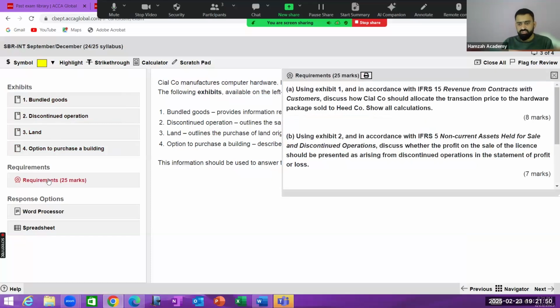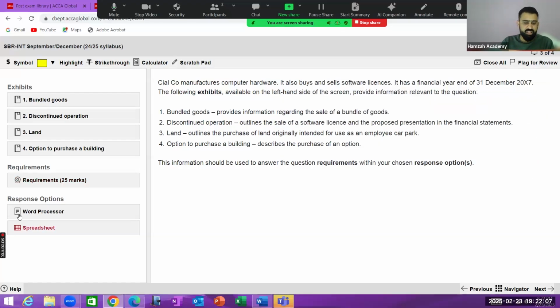And you have the requirements. In this, again, each requirement will be relating to a specific exhibit, like using exhibit 1, like using exhibit 2. So every exhibit has a specific requirement. Then again, you have a response option. You need to identify which response option should be used, whether we should use the word processor or a spreadsheet.